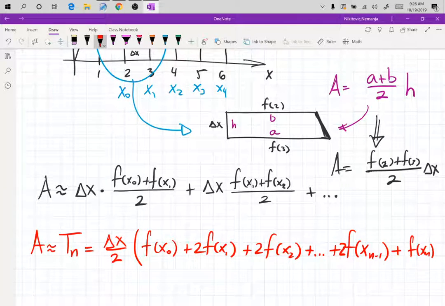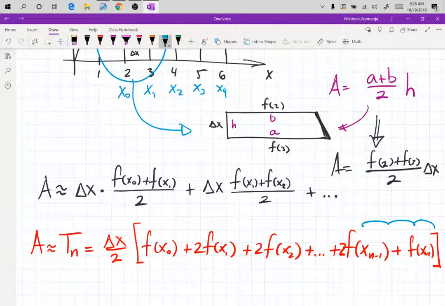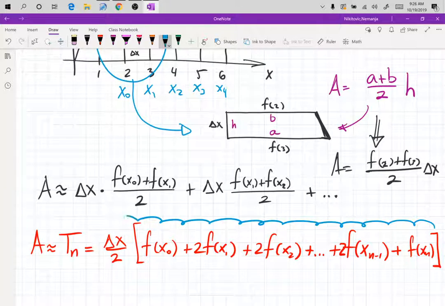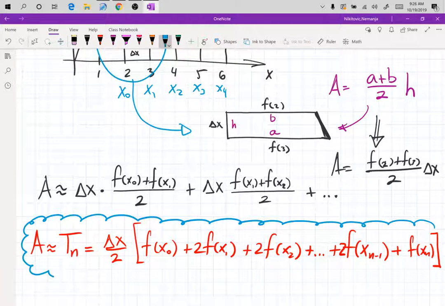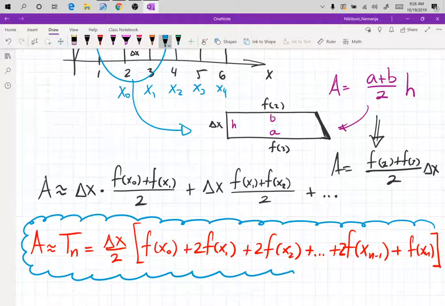The last one is single as well. And that's our trapezoid rule. Yes?